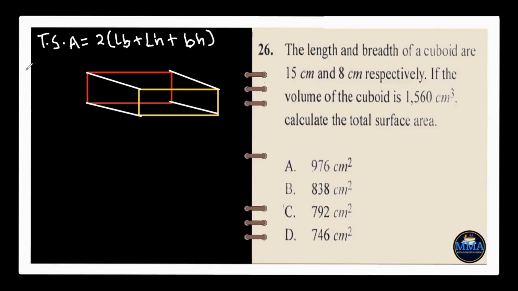From what we are given here, we are told that the length is 15. So let's take this to be the length, 15, that is from here to this place. Now, let's take here from this place to this place as the breadth.